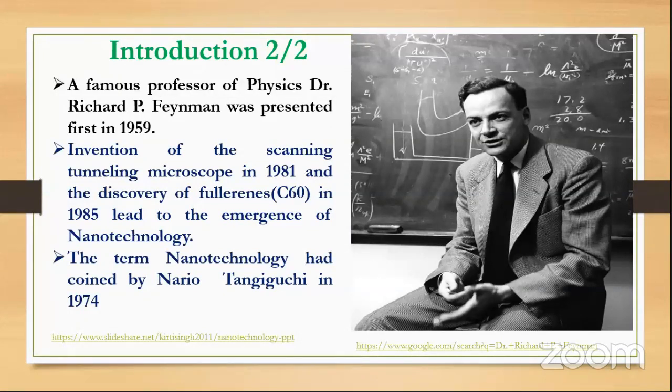The term nanotechnology was coined by Norio in 1974. The invention of the scanning tunneling microscope in 1981 and the discovery of the fullerenes led to the emergence of nanotechnology.